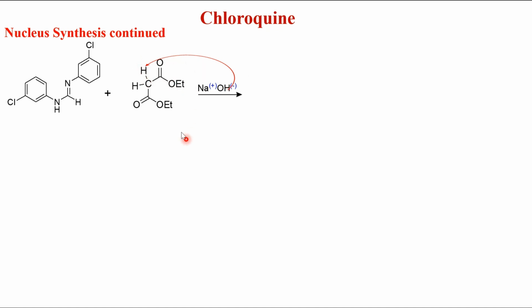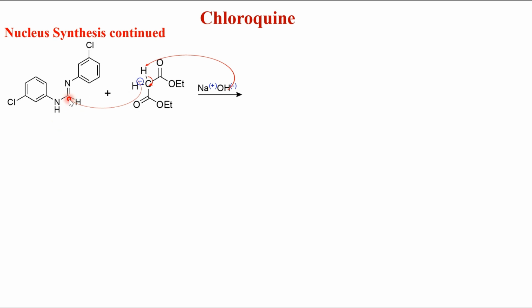As the proton gets abstracted, excess electrons are left on the carbon, giving rise to a carbanion. And the carbanion which is formed, as it is unstable, attacks the positive center of the imine ring system.